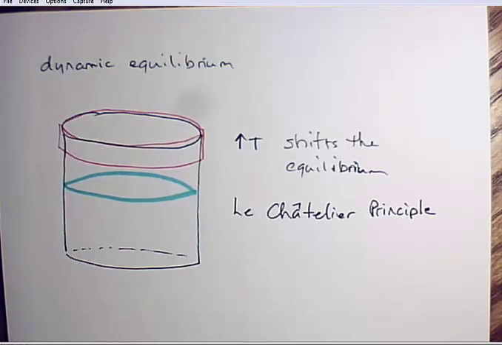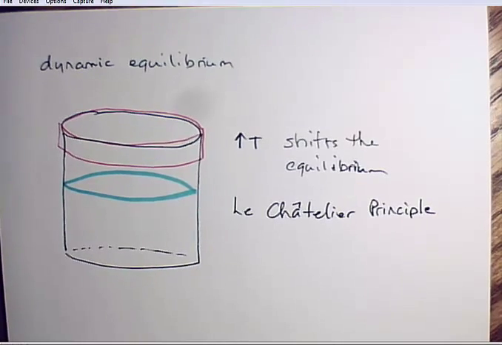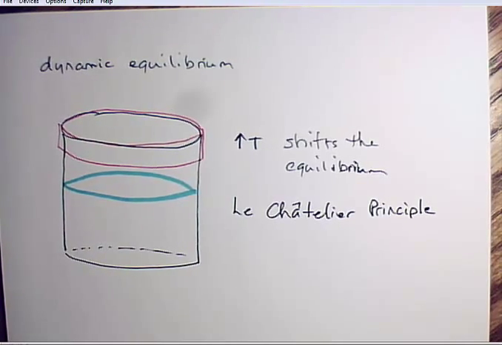But he described it: when you have a dynamic equilibrium and something affects that equilibrium, he called it a pressure, but I don't want to use pressure because that might confuse you with air pressure. When you cause something to affect that equilibrium, then the equilibrium will simply shift to a new point of equilibrium.